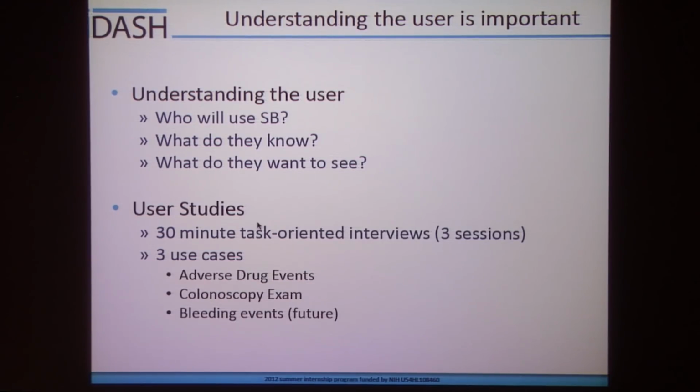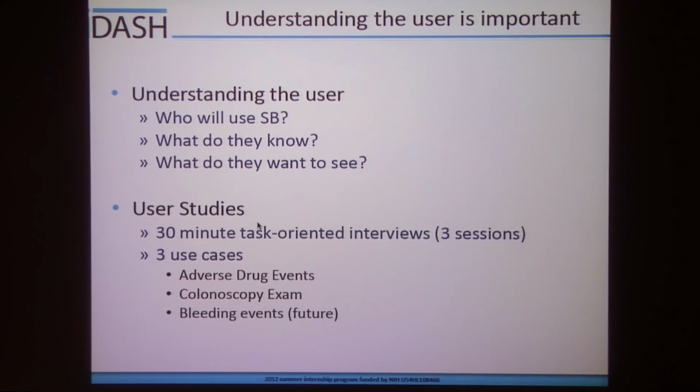And the second question we raised was, what do they know? And this is an important question to ask because their understanding of the clinical data can vary. And we want to know how their understanding of medical knowledge differs from our understanding of the NLP system.